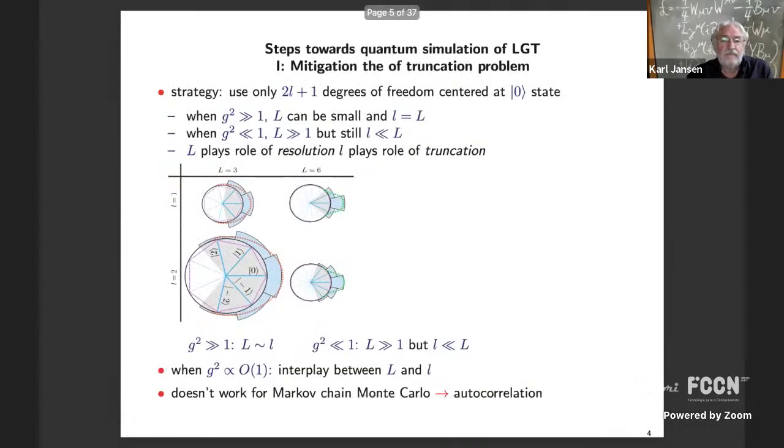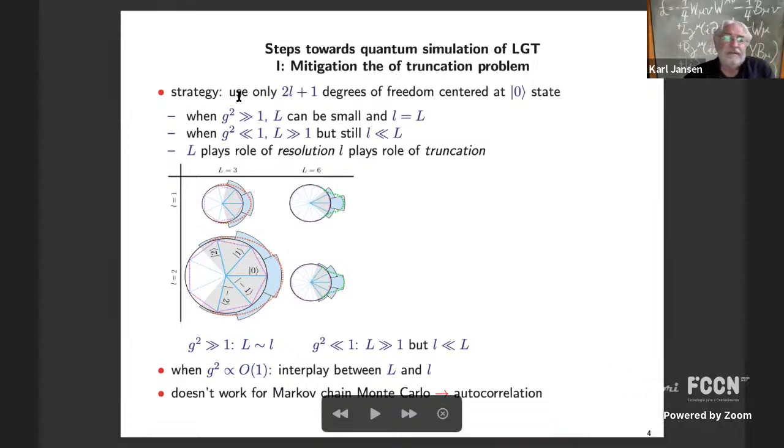Okay, and this is our idea now. What I can do is the following: I can really mitigate or even solve the truncation problem. The strategy is that even if I have a very large capital L, so a very large truncation, and this would mean that I have a very fine resolution, I could only take 2 small l plus 1 degrees of freedom centered at the 0 state.